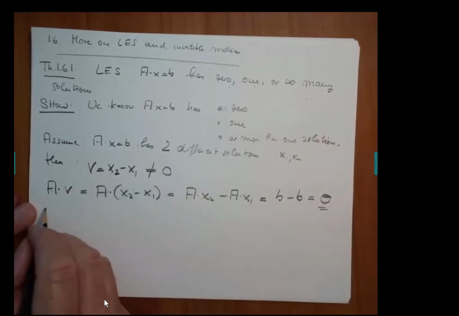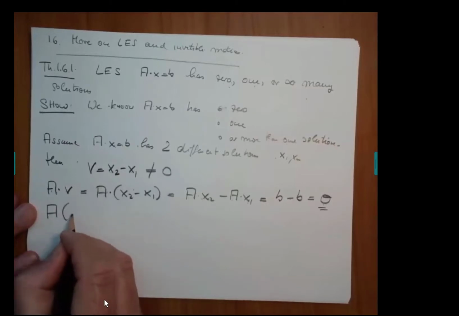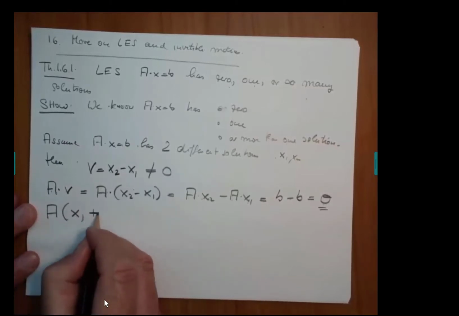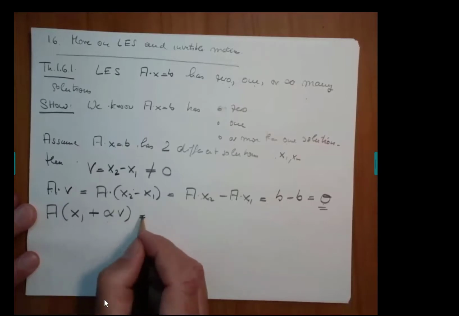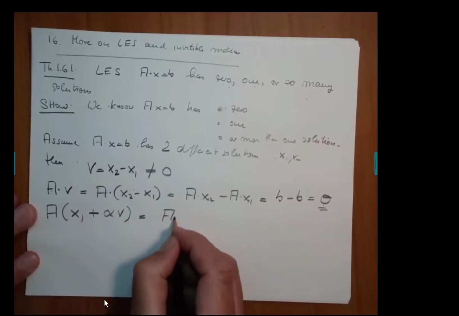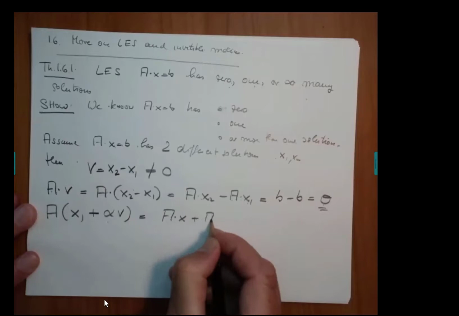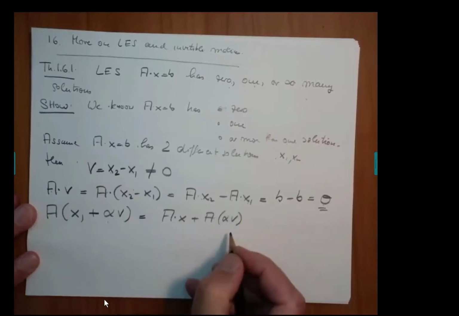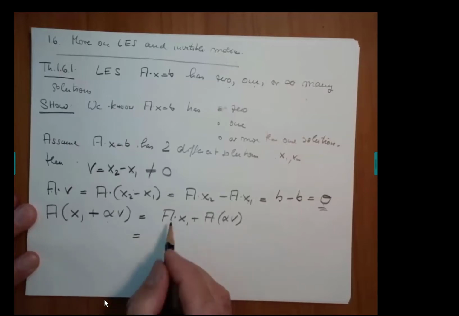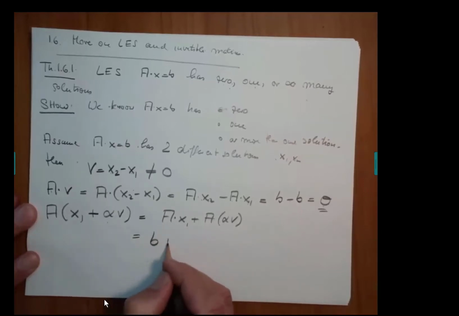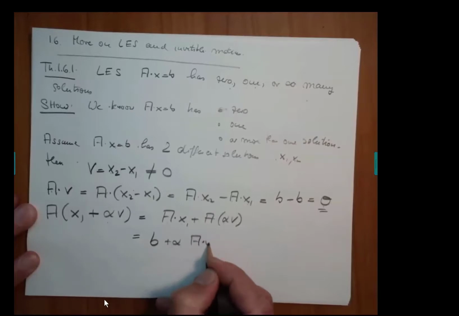So now we just take A times X1 plus alpha V. Alpha can be any real number. We can do A times X1 plus A alpha V. AX1 is B, plus alpha A times V, but AV is 0.